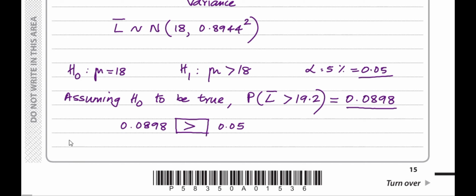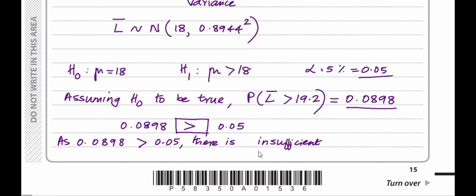To narrate our conclusion, we write as 0.0898 is greater than 0.05, there is insufficient evidence, and underline that so that it will be categorical. Insufficient evidence to reject H0. That means we are not going to reject H0.